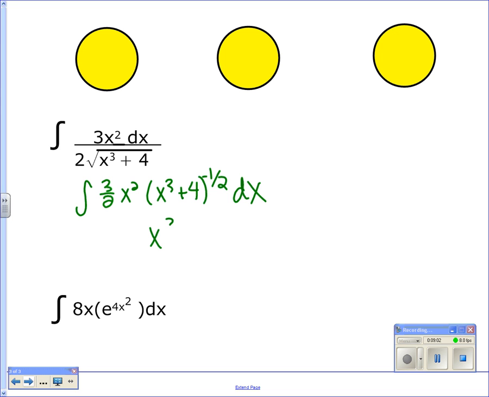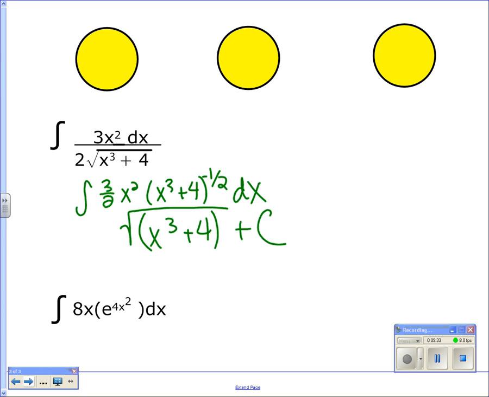Okay, x cubed plus 4. You think that? Okay, Matthew's saying that's the answer. Anybody else have a different answer?